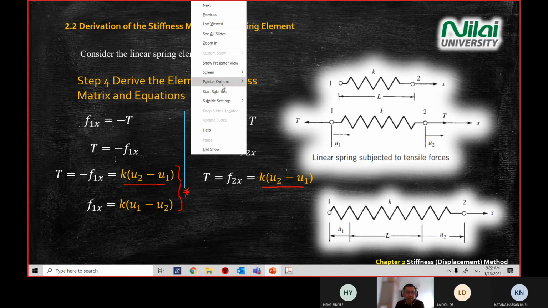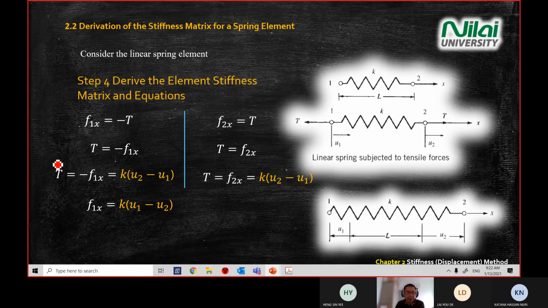So this is important, just to highlight that one. Then for F2, you just continue what we have here. We have two equations: F1x equal to k times u1 minus u2, and F2x equal to k times u2 minus u1. So we have these two equations so far.